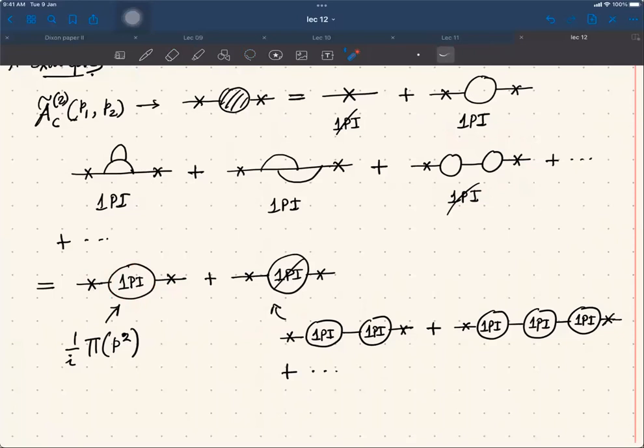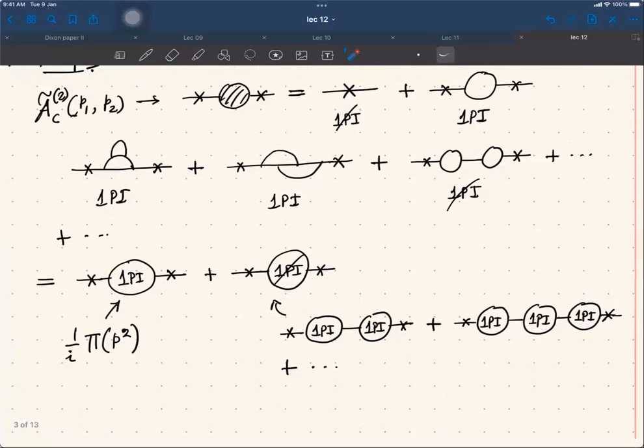All the other internal lines either have momenta fixed in terms of p, or they are integrated over.